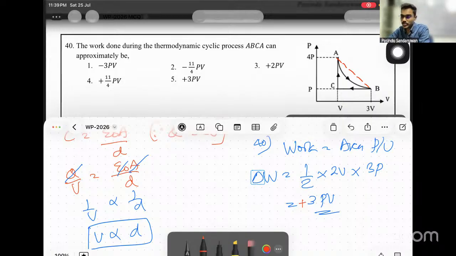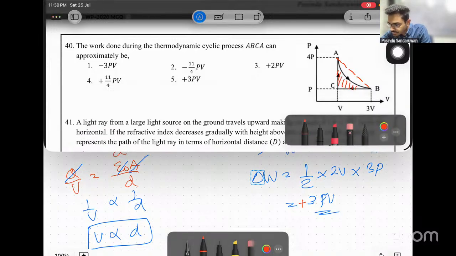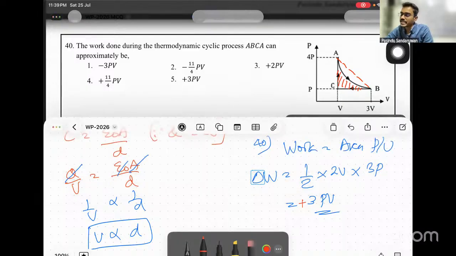Now what is asked is not about the triangle, right? Then we have to find the area of this loop here. That is a little bit less than 3. For the triangle, it is 3PV, but for the loop, it should be less than 3. Then the closest number given less than 3 is 11 over 4. That's a positive value.